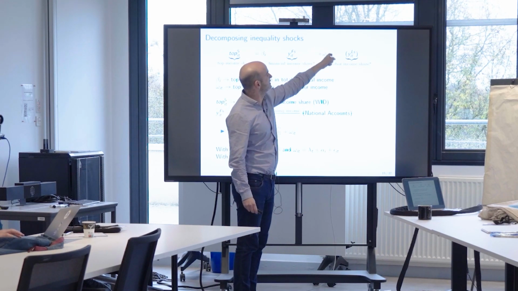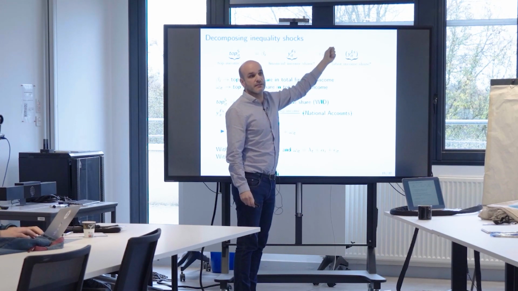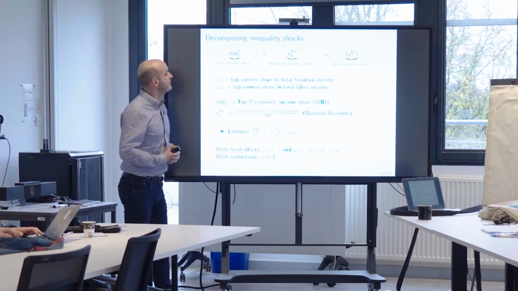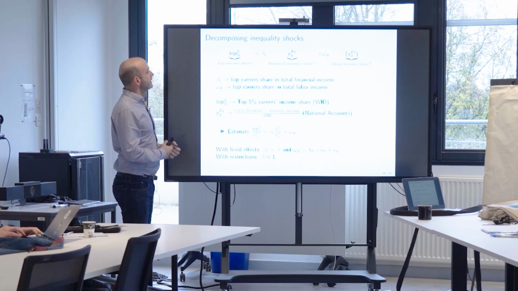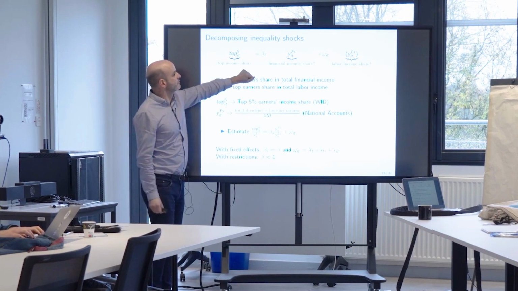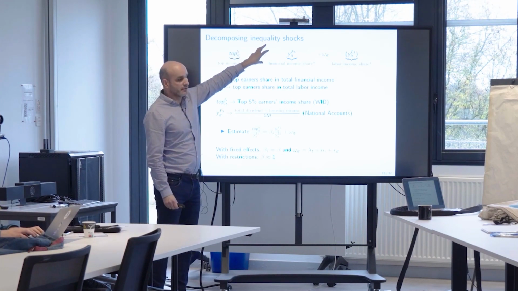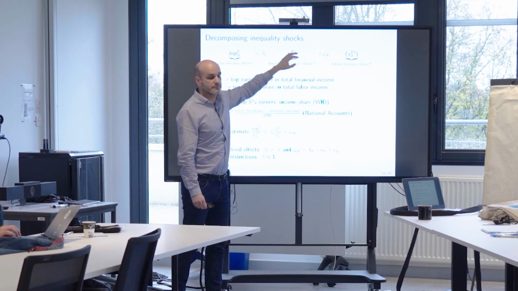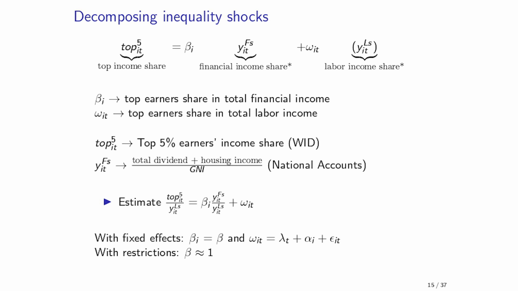So what we are trying to estimate is a version of omega that will hold water in the regressions. Now we make this assumption, kind of restrictive assumption, that the share that the top earners get from the financial income share, this share beta, we assume it's constant.